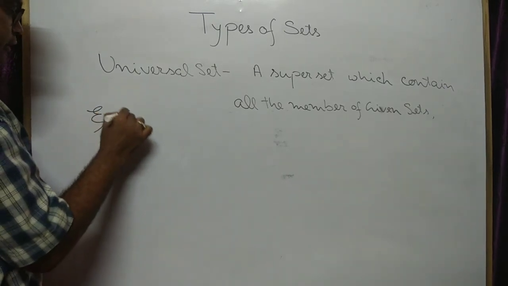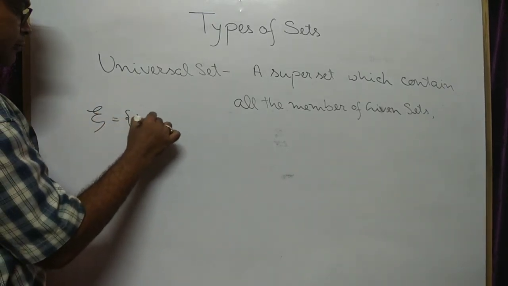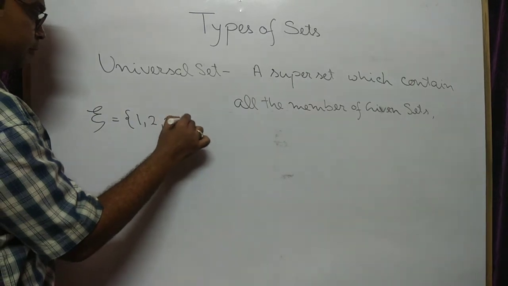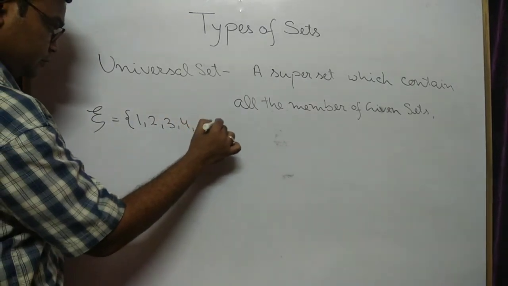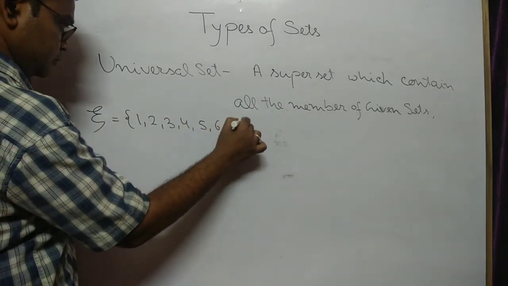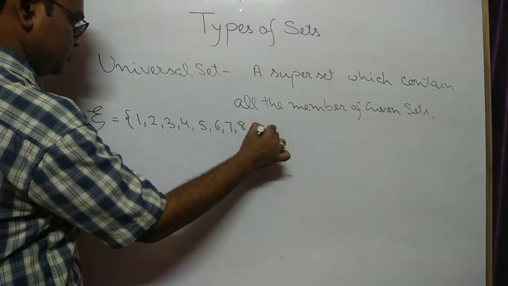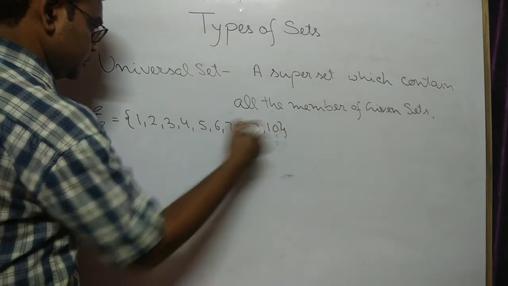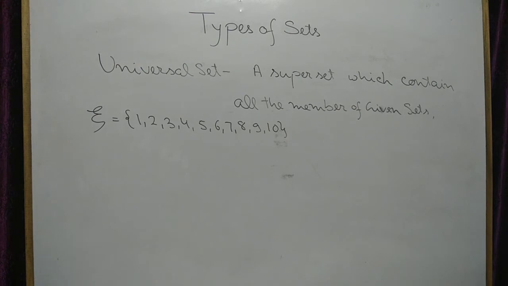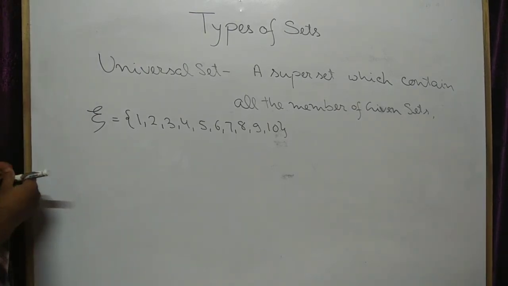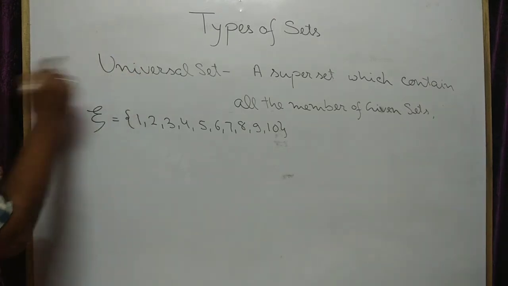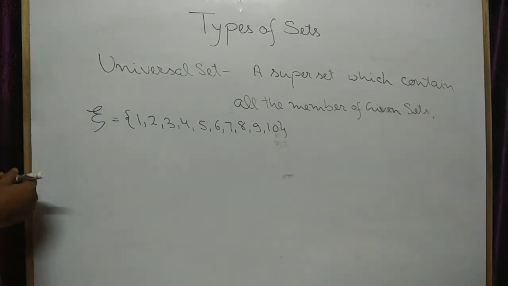In this set we have all the natural numbers from 1 up to 10. Clear? This is your universal set. Universal set may be finite, may be infinite. Remember, universal set may be finite, may be infinite. That depends upon the condition.